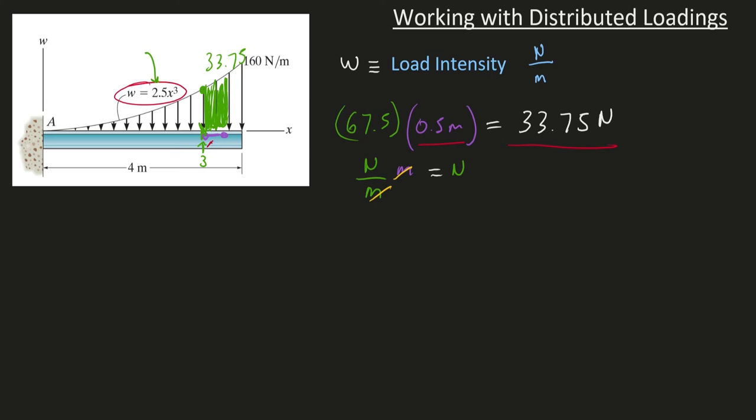Because we can agree, as we go from 3 to 3.1 to 3.2, etc., my W actually changes its value. We can see here that it's getting bigger than that 67.5. So some of our purple points here are at a higher W than 67.5. So this 33.75 is actually an underestimation of all of the force here.